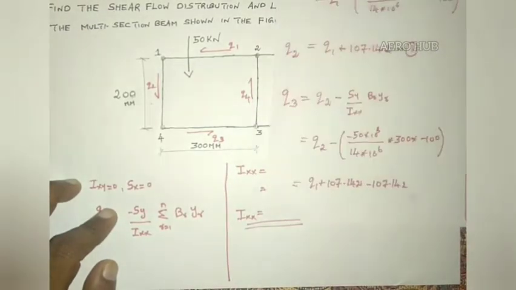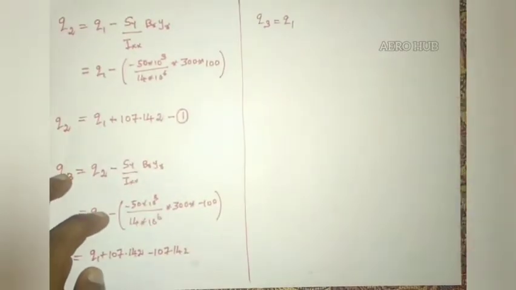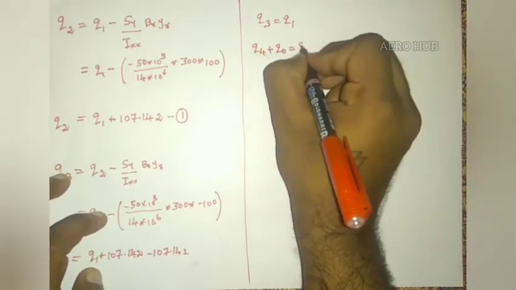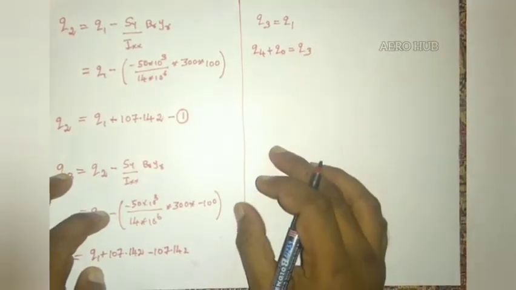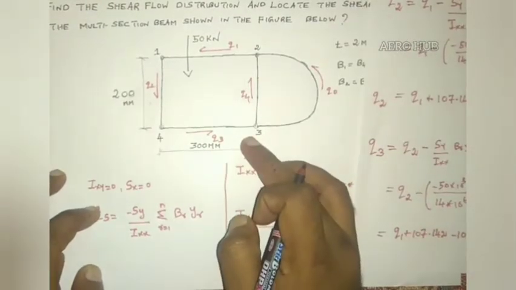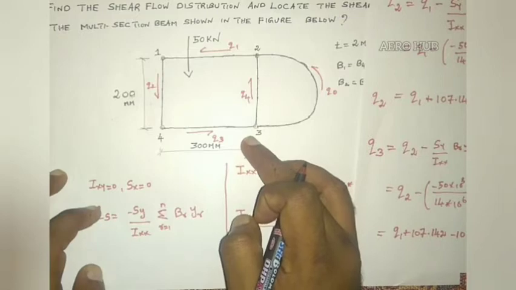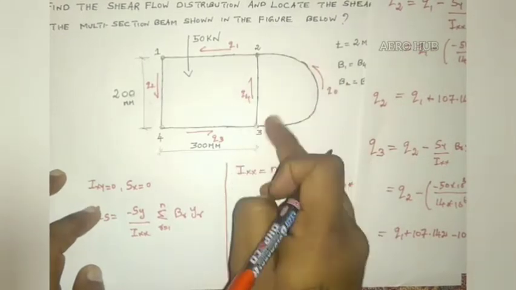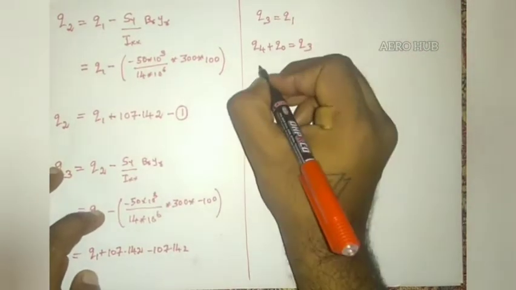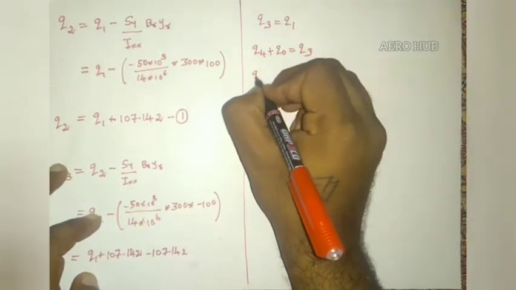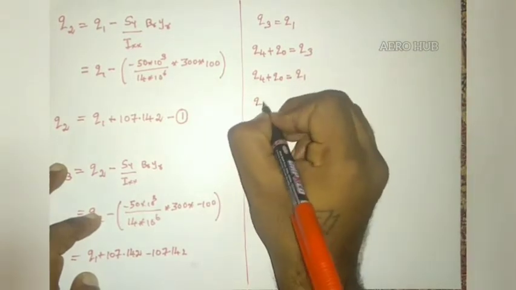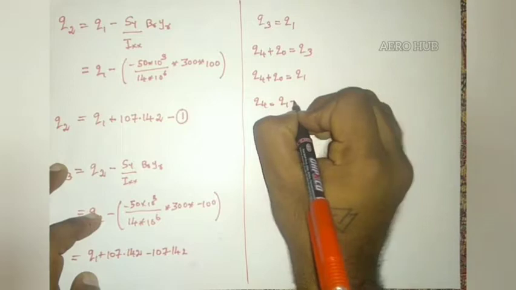So I can write Q4 plus Q0 is equal to Q3. Once more, at point 3 we have Q3 coming towards point 3 and Q4 and Q0 leaving point 3. So Q4 plus Q0 is equal to Q3. What is Q3 here? That is Q1. So I can write this equation as Q4 plus Q0 is equal to Q1. So Q4 is equal to Q1 minus Q0.